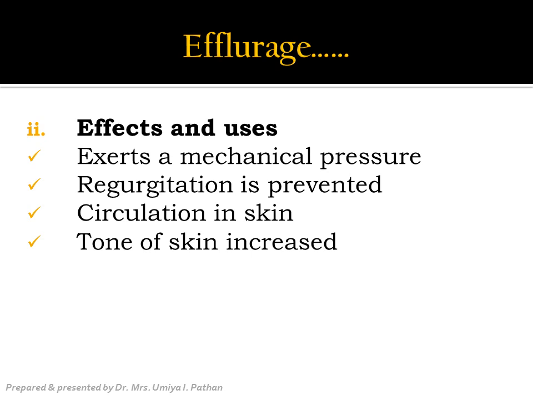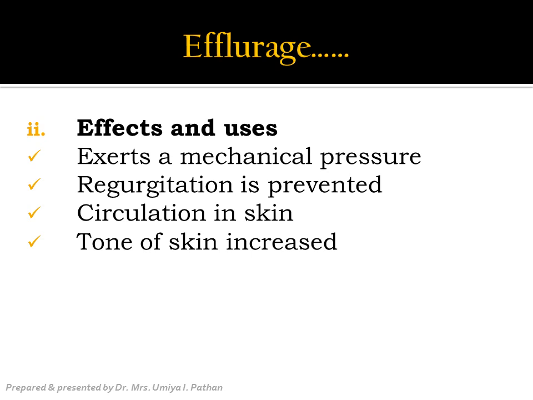Effleurage exerts a mechanical pressure on the soft-walled veins, pressing blood on towards the larger veins and towards the right heart. Regurgitation is prevented by the presence of valves. In this way, venous congestion is removed and it is used in early stages of sprains.